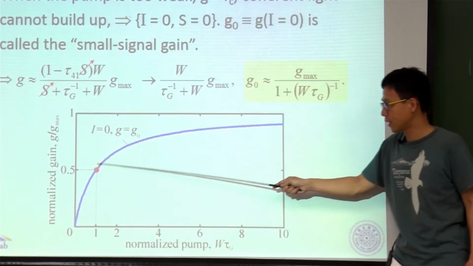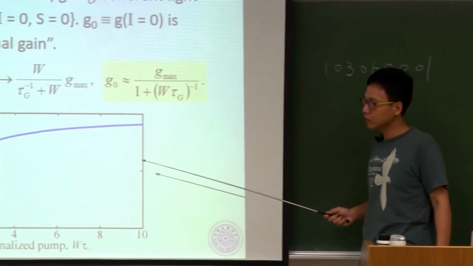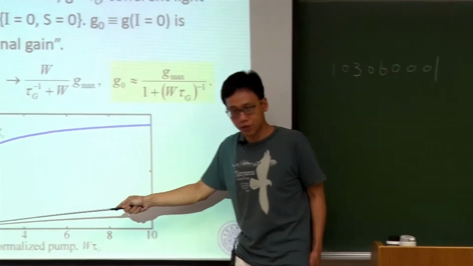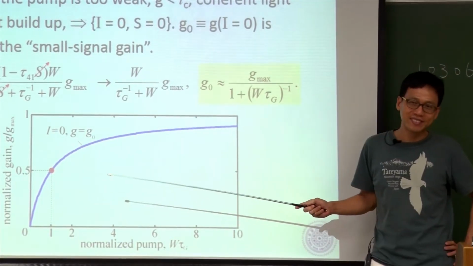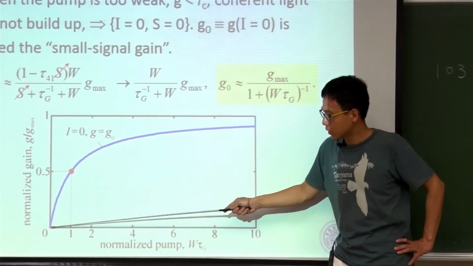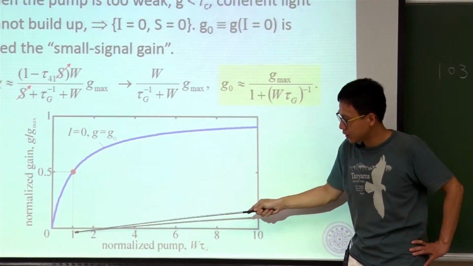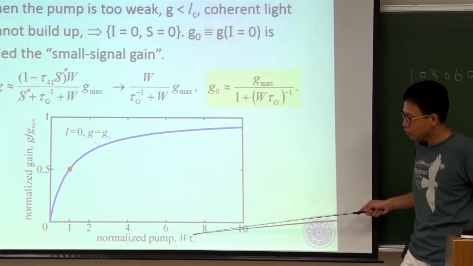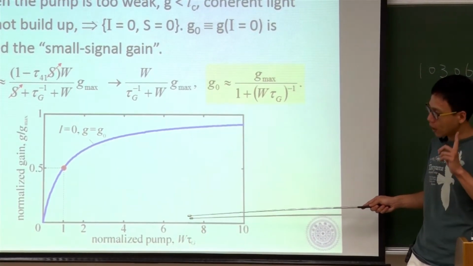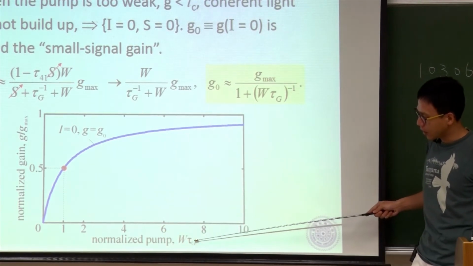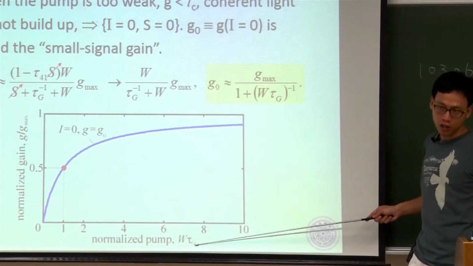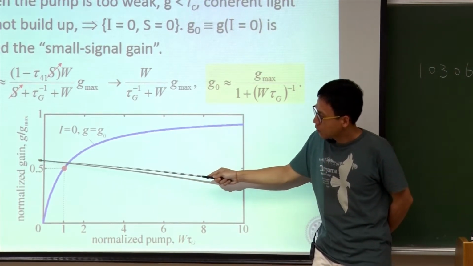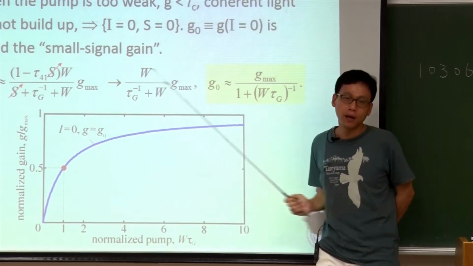And the curve is like the blue curve. Simply speaking, when your pump is 0, you have no gain. When your pump is increased to 1 unit, which means pump rate times tau g constant equals 1, or pump rate W equals 1 over tau g, the same thing, your gain is 50% of the maximal gain.